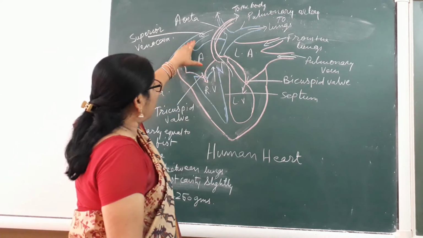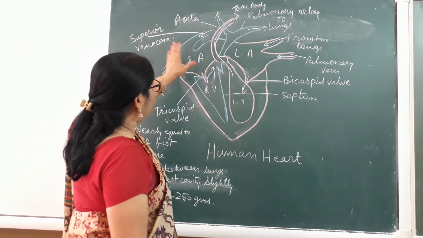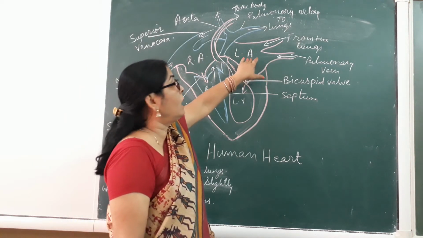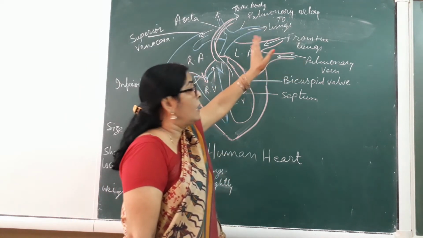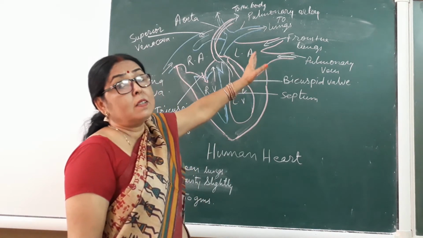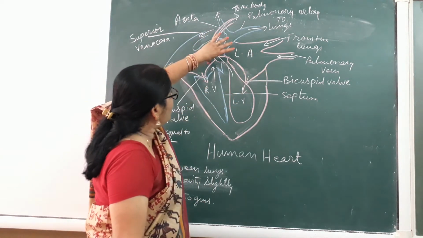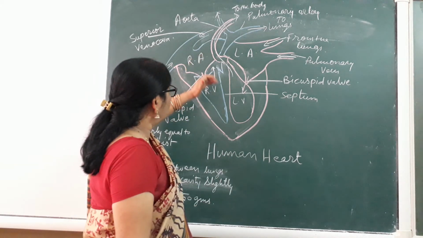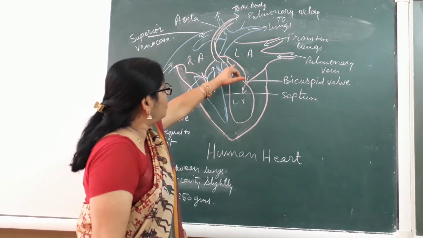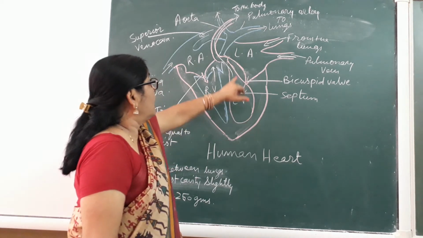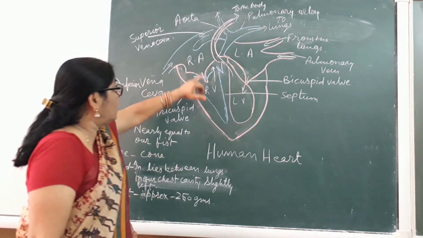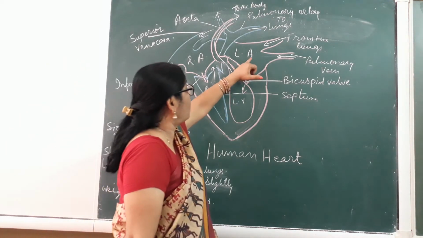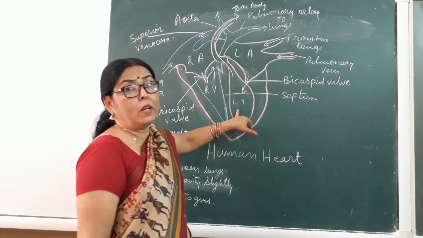When the right auricle receives blood from the body, at the same time the left auricle receives oxygenated blood from the lungs. Both the upper parts contract, then the blood is pushed to the lower chambers. The right auricle's blood fills the right ventricle, and the left auricle's blood fills the left ventricle.